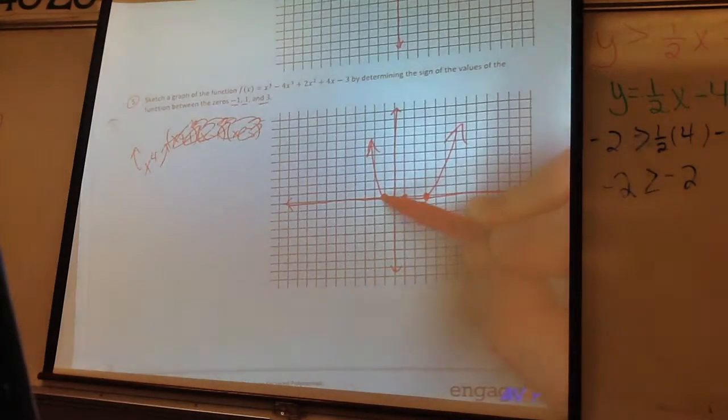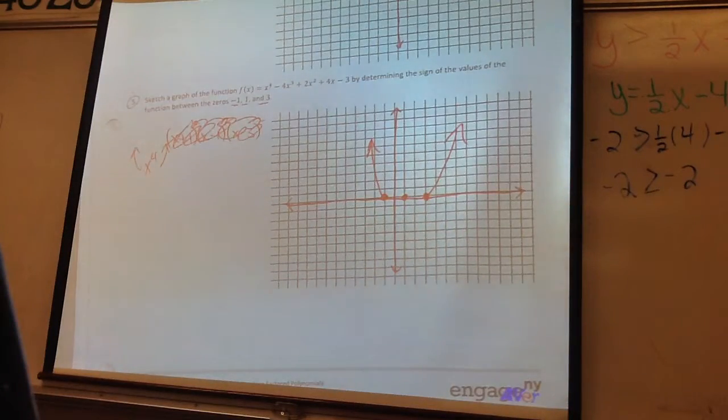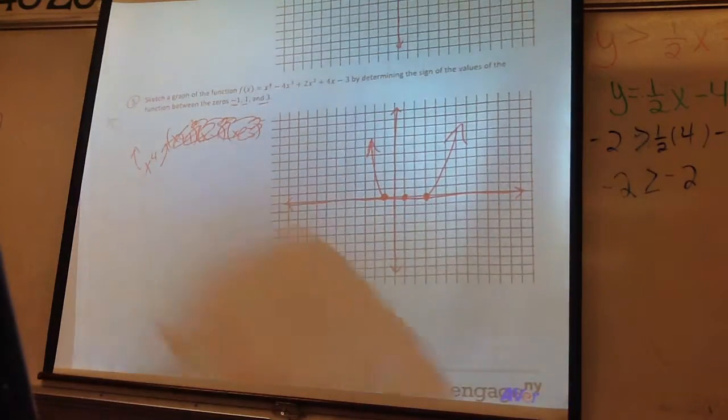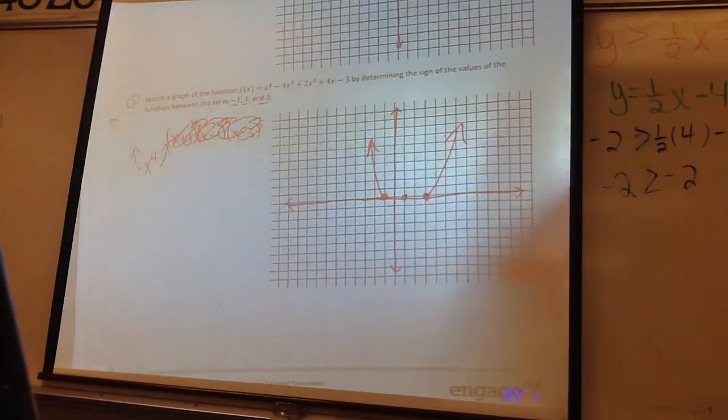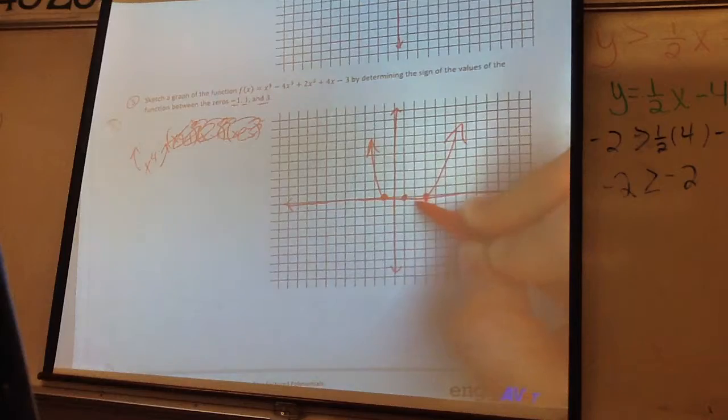How could I know, does it go down through here like this, or does it bounce off of it and come back up? Check the sign. How could we do that, Charlie? Plug in a number. What number should we plug in? How about 0?